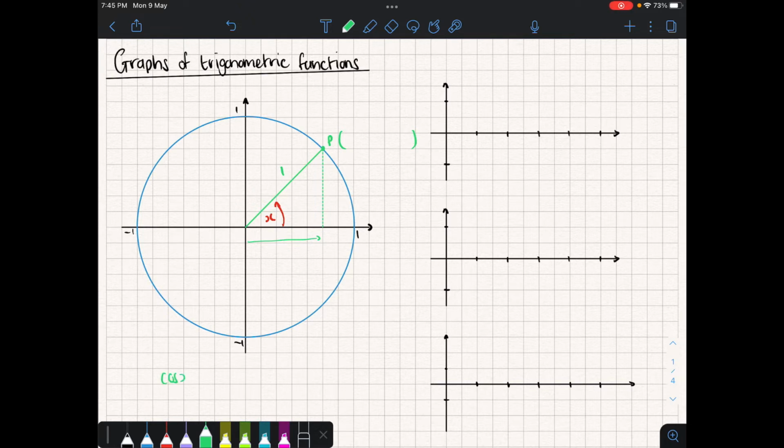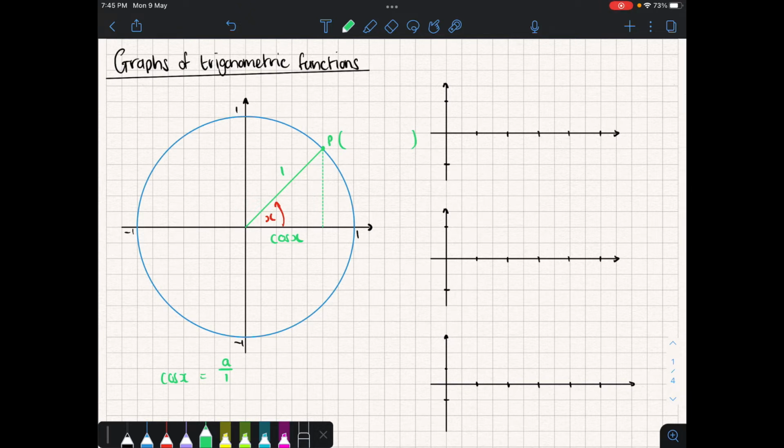It's cos of x equal to adjacent on hypotenuse, which happens to be 1, and the nice thing is anything divided by 1 is itself. That tells us that the length of this side is cos of x, because the hypotenuse happens to be 1. That's the wonderful thing about the unit circle.